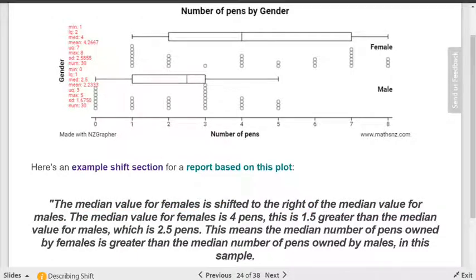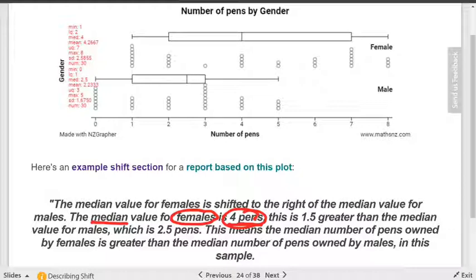Then the second sentence. This is where we're doing the numbers, the proof. The median value for females is 4 pens, not 4. That doesn't tell me anything. For what? In this case, 4 pens. So, again, the word median there, and for whom, and what it is, with its number.